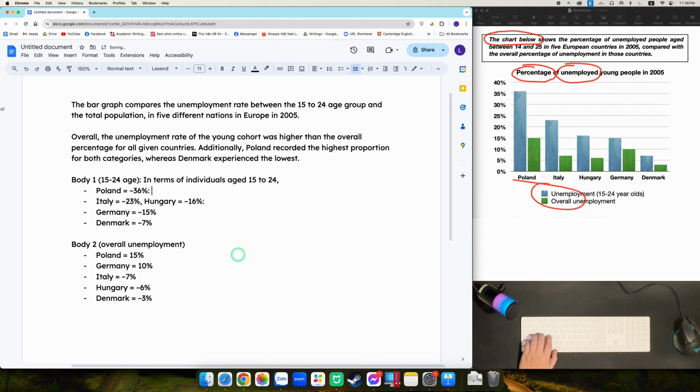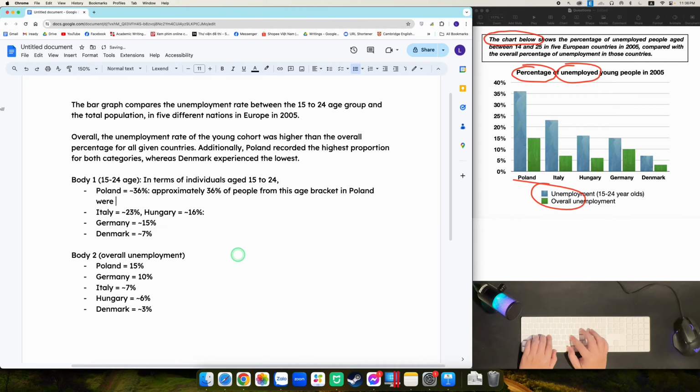Firstly, Poland. Approximately 36% of people from this age bracket in Poland were jobless. And then I'll make a comparison between Poland and these 2 countries, which Poland was significantly higher than.